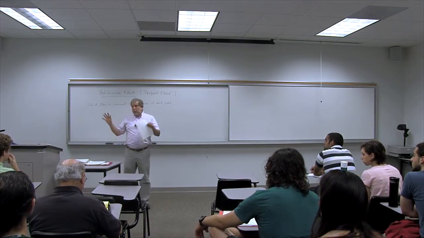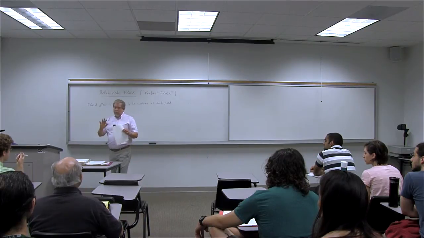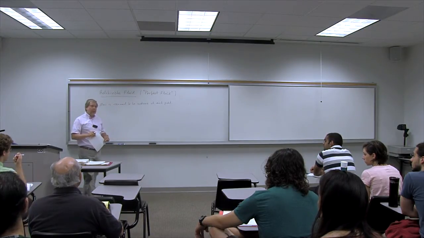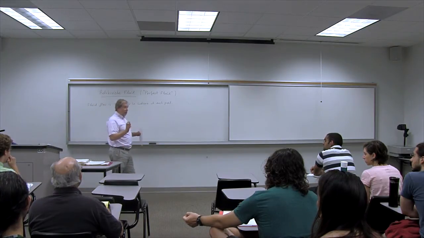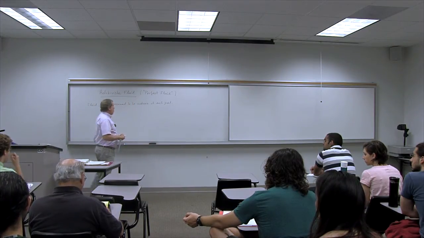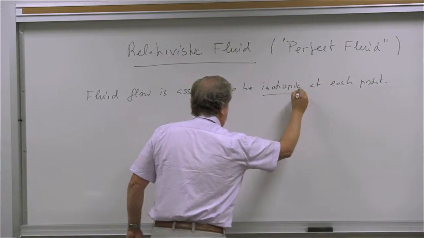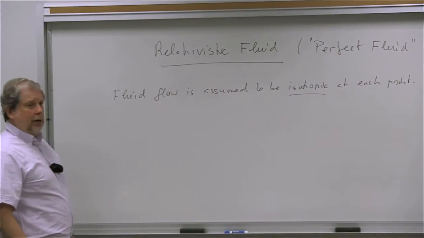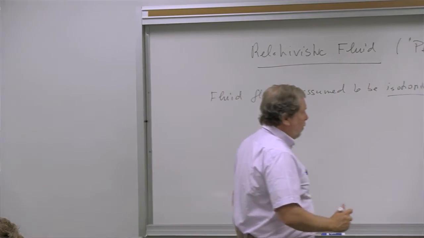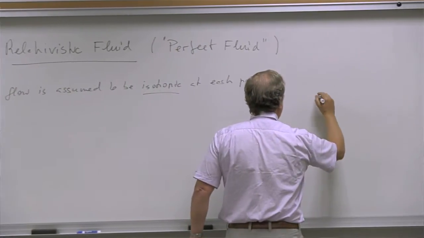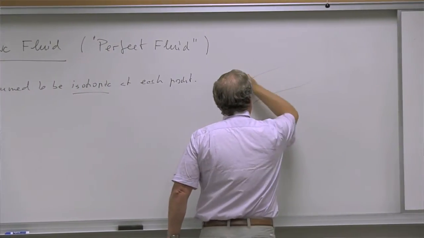And now it looks the same in all directions. Well, of course, the universe is not quite isotropic, but it is isotropic to a good approximation when you look at rather large scales. So the assumption that it is isotropic means that it does have a rather simple form for the energy momentum tensor. And so let us look at this fluid.